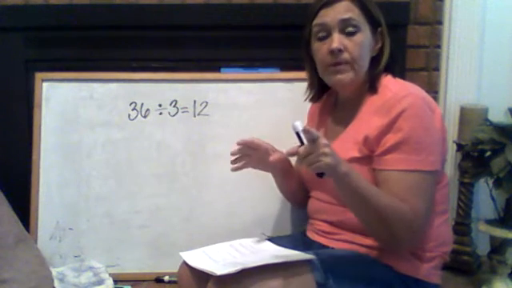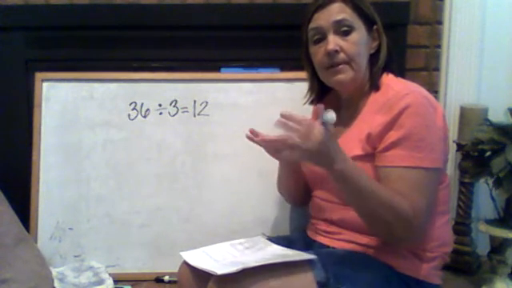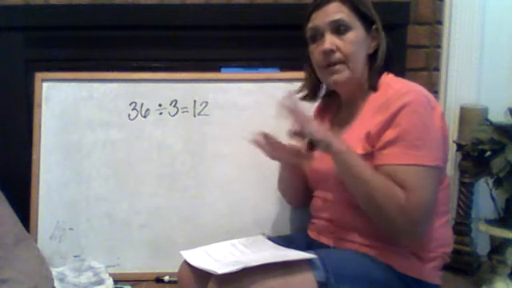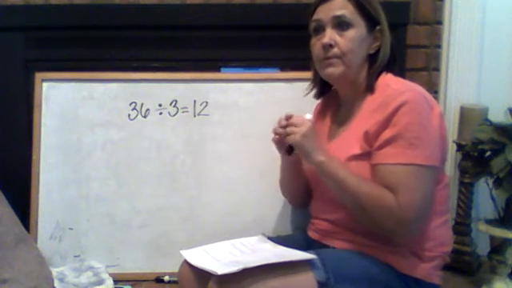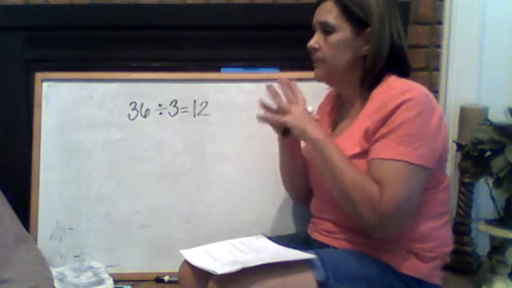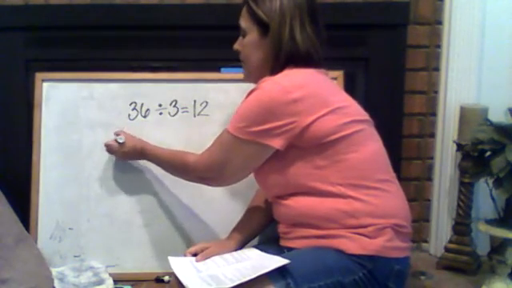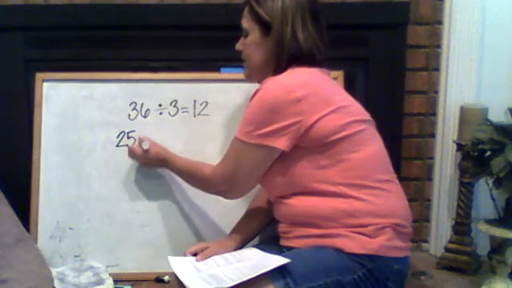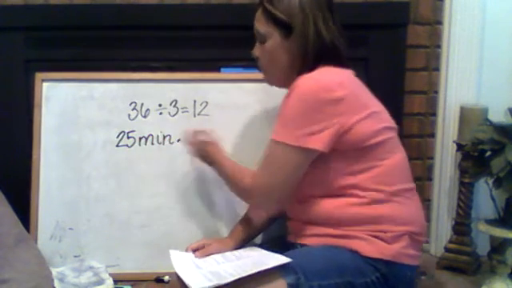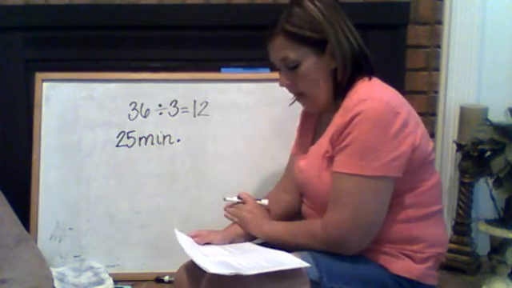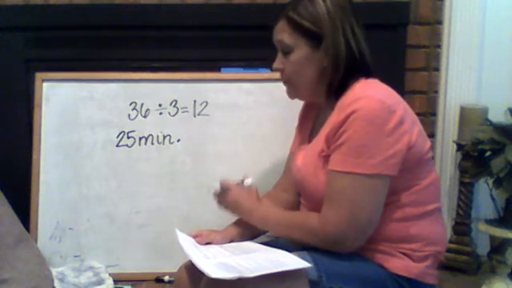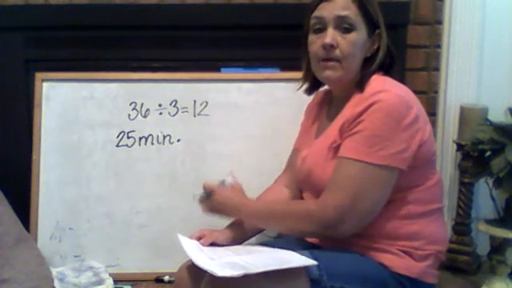Now, they're throwing you off because they included the people that are there. Do the people that are there have anything to do with how often the geyser erupts? No. What we do know is that the geyser erupts every 25 minutes. This is a think about it problem. And I want to know how many possible times could they see the geyser erupt.